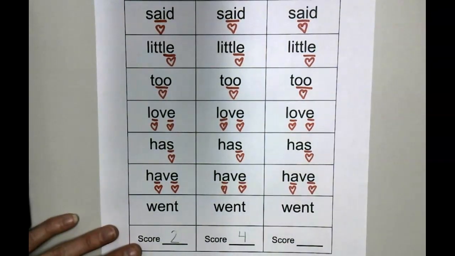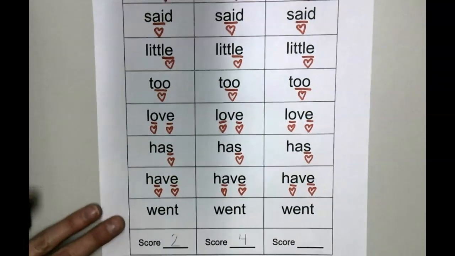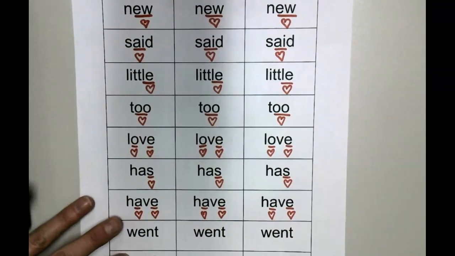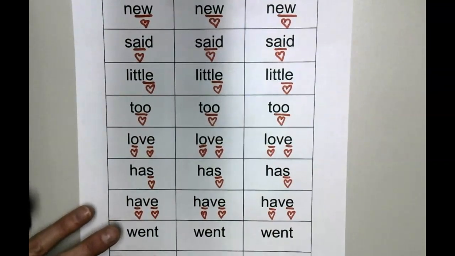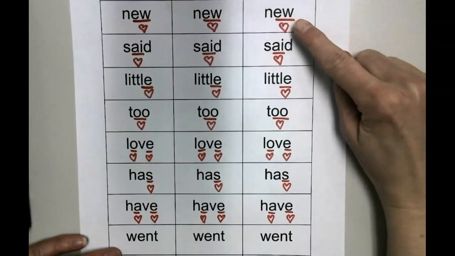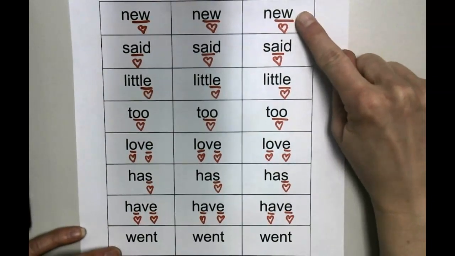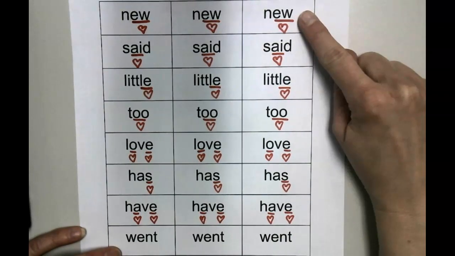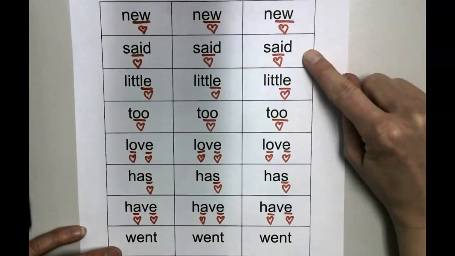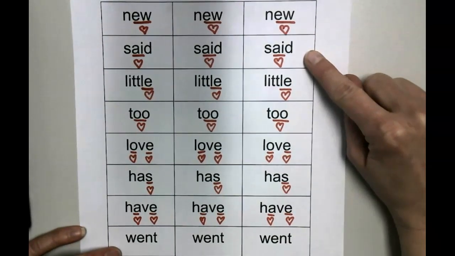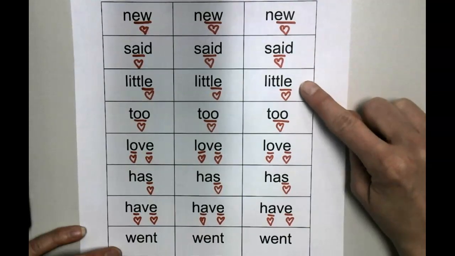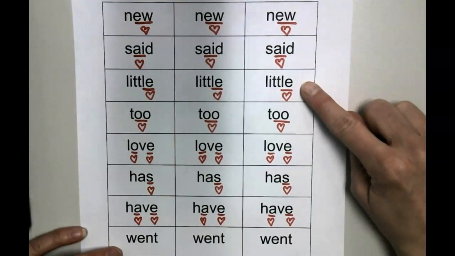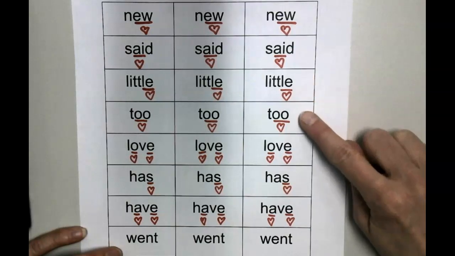Are you improving each time? Now let's see if you can get all 8 of these words correct. That's our goal, is to get all of them and to improve each time. Ready? Start at the top. Say the word. New. Say the word. Said. Say the word. Little. Say the word.